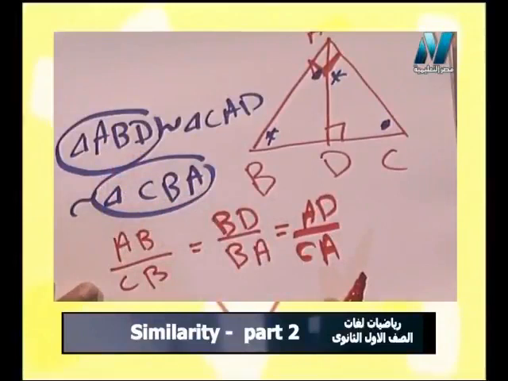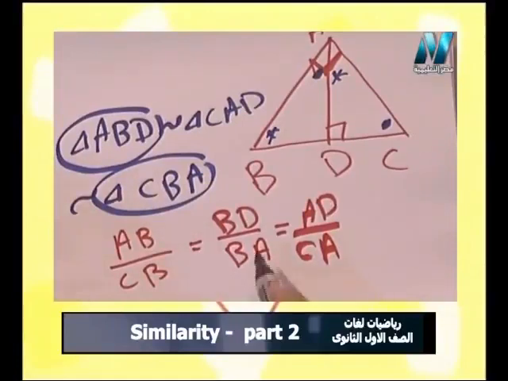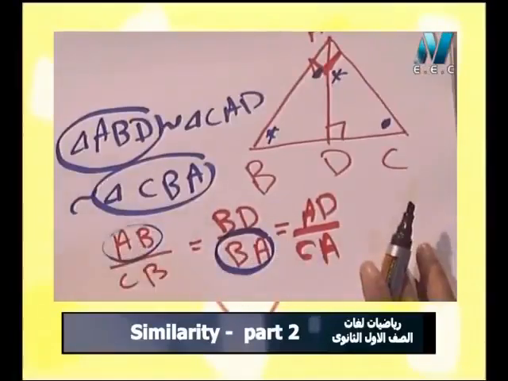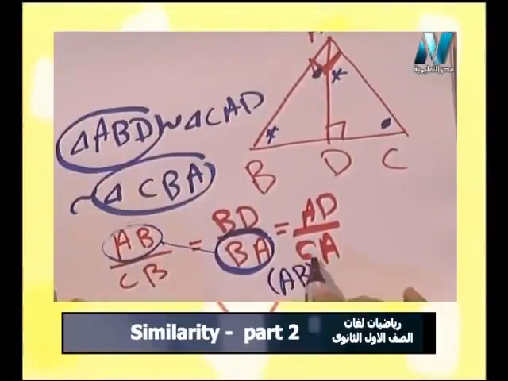Try to find out the similar here. Okay, we have AB repeated. We have BA twice. So AB times AB will be AB power 2, which equals BD times CB.